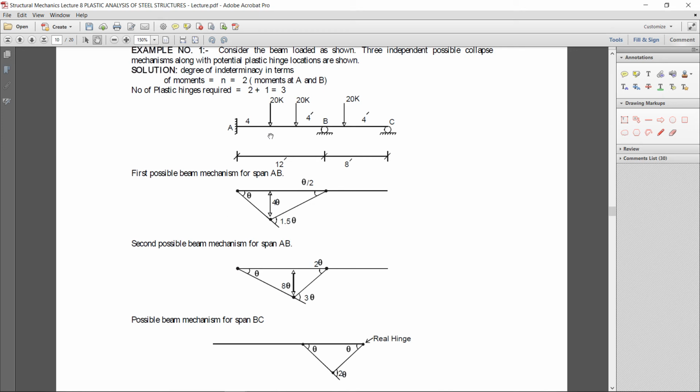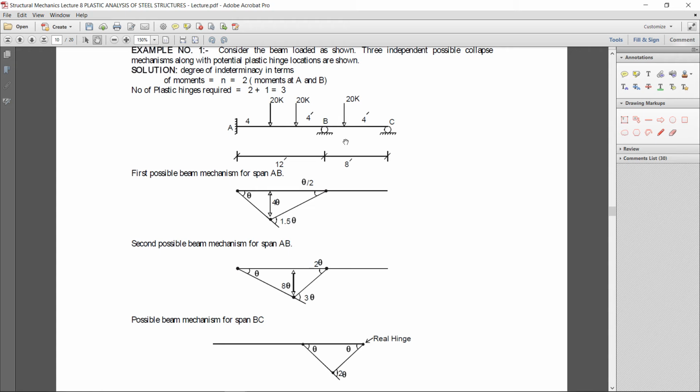Okay, first of all we will assume that a plastic hinge will form under the first load. If this is the beam, first we assume that a plastic hinge will form under this first 20k load. Then second, a plastic hinge will form at this second 20k. Okay, that is shown here.